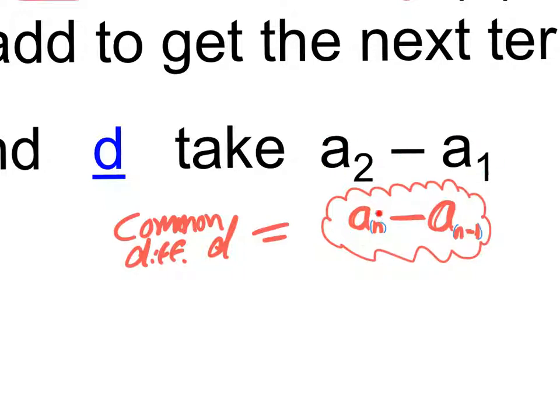It could be any term. That's what a sub n means. A sub n means any term. Minus a sub n minus 1 just means the number right before it. Okay? So write that down. The common difference D is a sub n minus a sub n minus 1. And once again, a sub n is just any number, and a sub n minus 1 is just the number before.